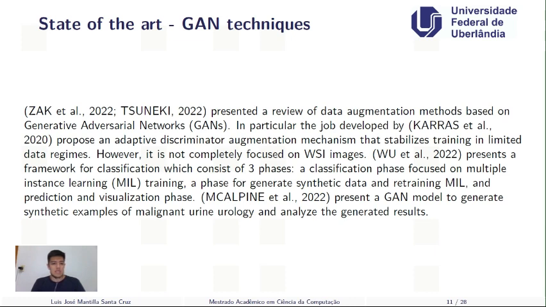Some articles related to traditional techniques are presented in the state of the art. However, the most important ones for my research are the GAN-based techniques. For example, a review of data augmentation methods based on GAN neural networks was presented by Sakib and Tsuseneki.